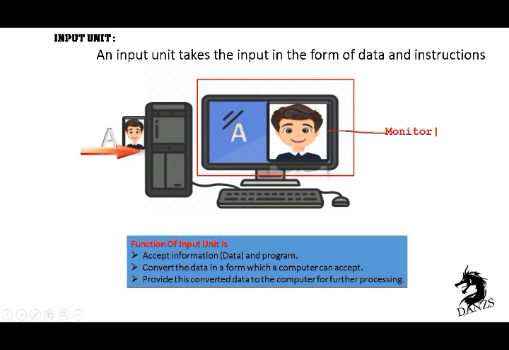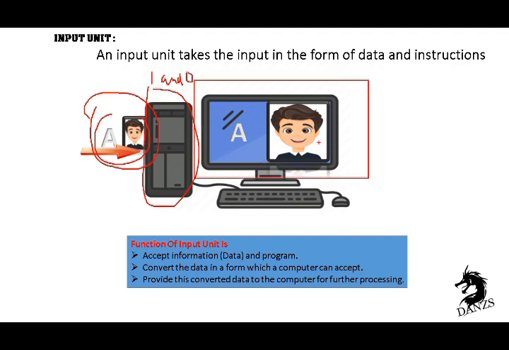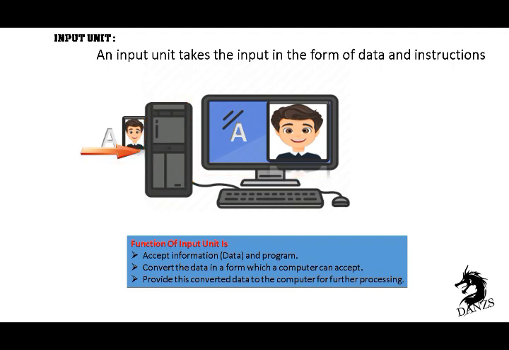So I think it is clear, yes or no? At first, we feed data from an input device, and then it goes into the CPU. Then the CPU converts this data into 1 and 0, so that it can understand, and it shows the final result on the monitor screen, that is the output. If the question comes, what is the function of input unit?